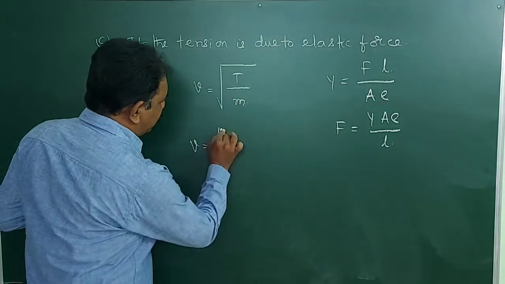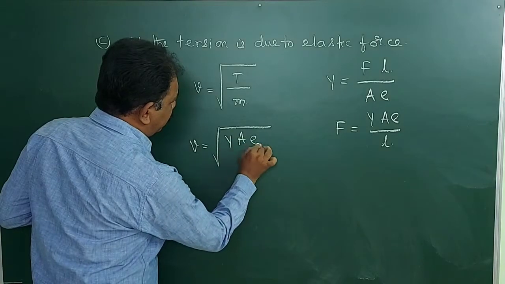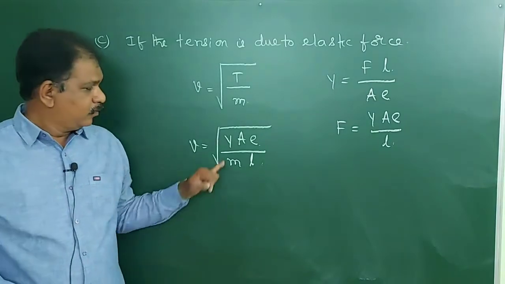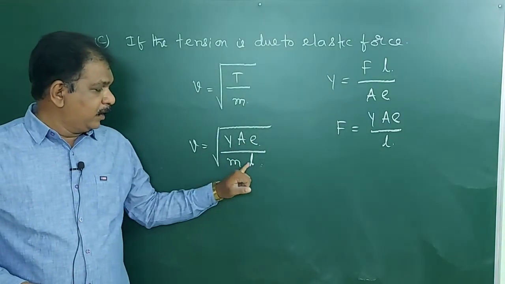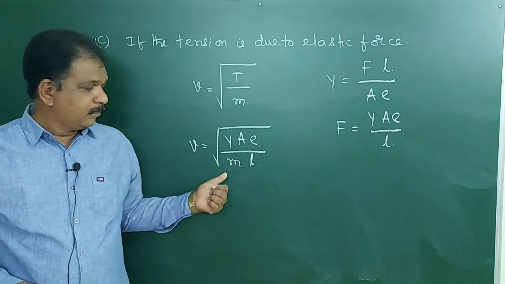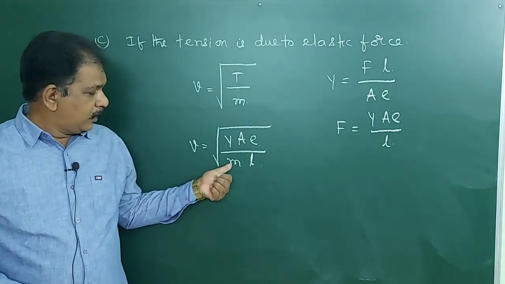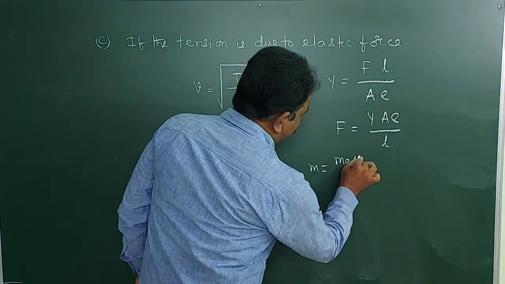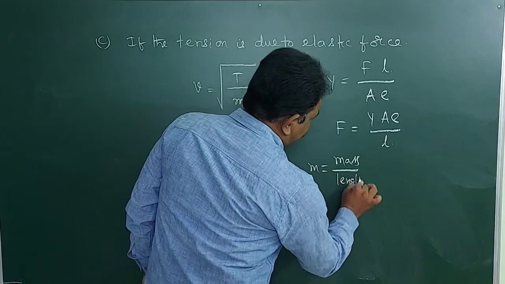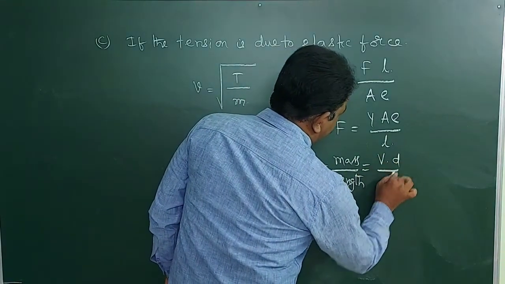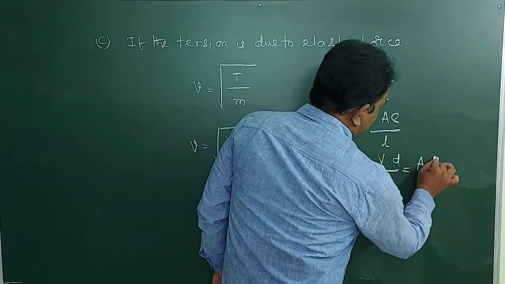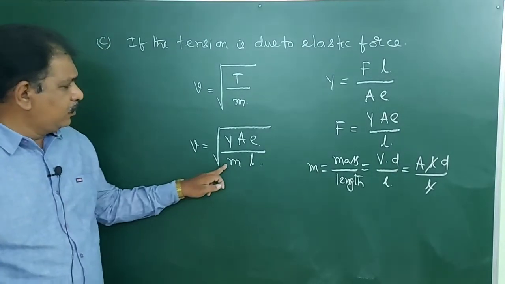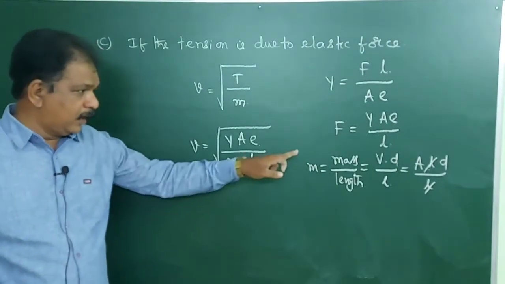Then V is equal to square root of YAe by mL. This is the formula. Here m is equal to mass per unit length. Mass is volume into density, so area into length into density, divided by L. So m is equal to A d.